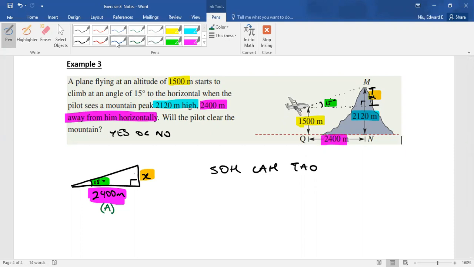The orange side, x, is our opposite. So once again, which one has opposite and adjacent? Is it the sine ratio of opposite and hypotenuse? No. Is it the cosine ratio of adjacent and hypotenuse? No. Is it the tangent with opposite and adjacent? Yes. I got the O and A the wrong way around.